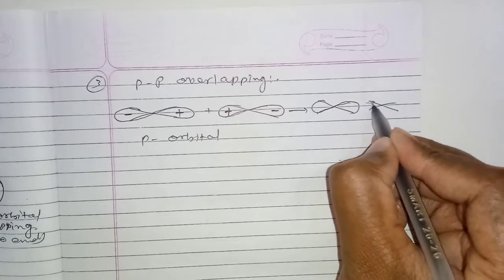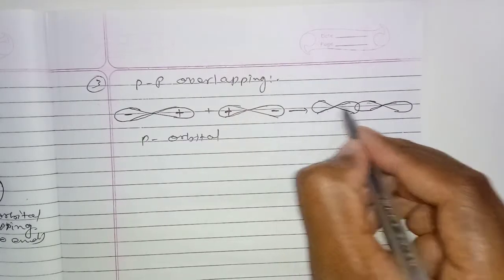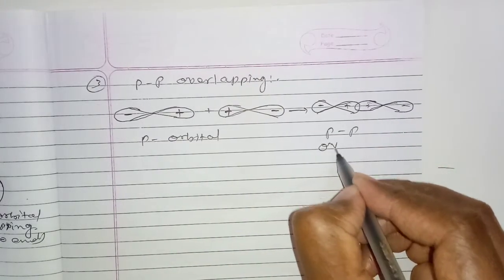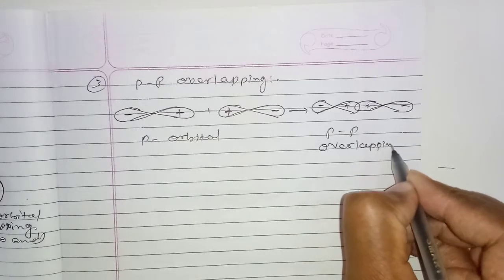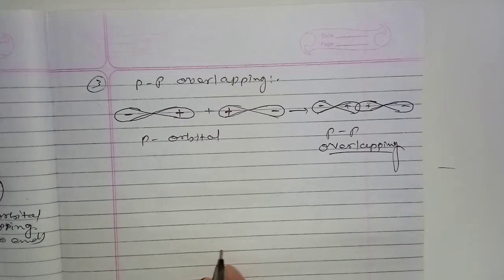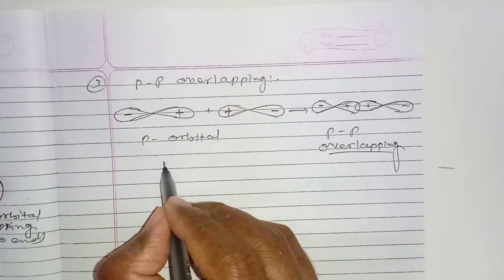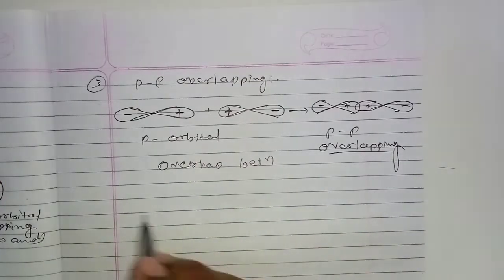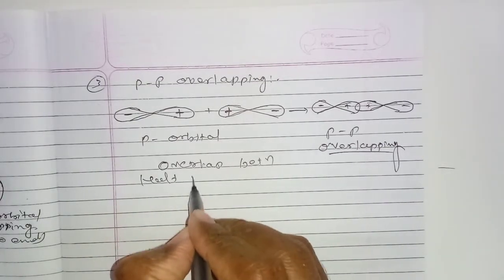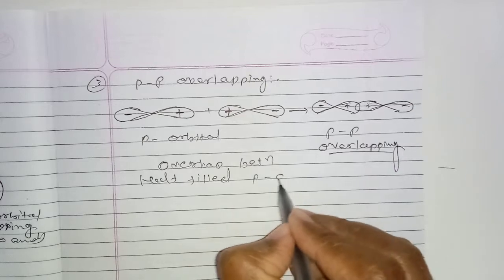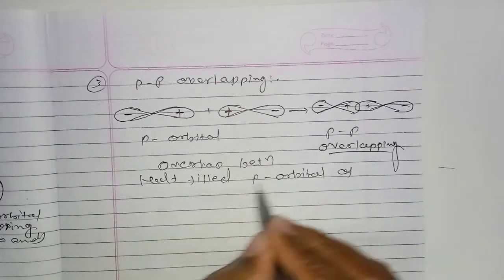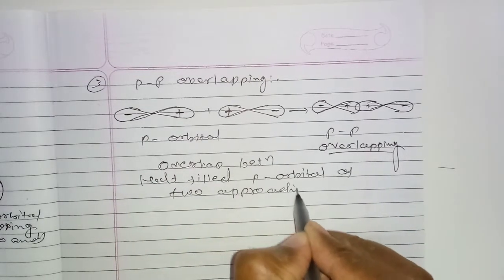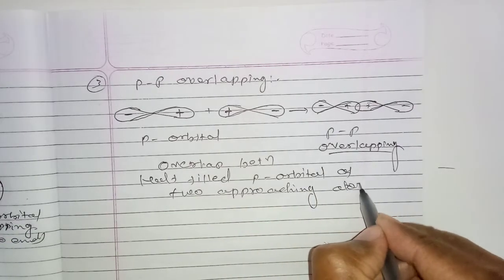In this case, it is the overlap between half-filled p orbitals of two approaching atoms.